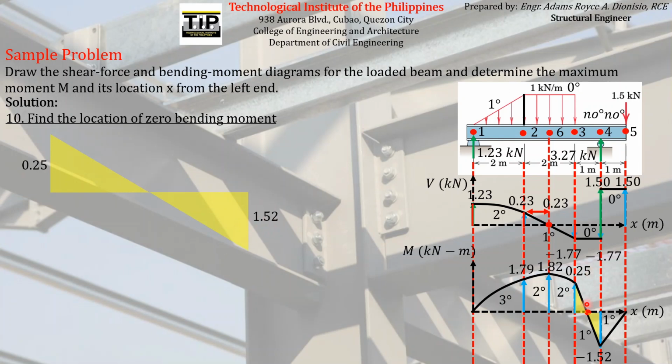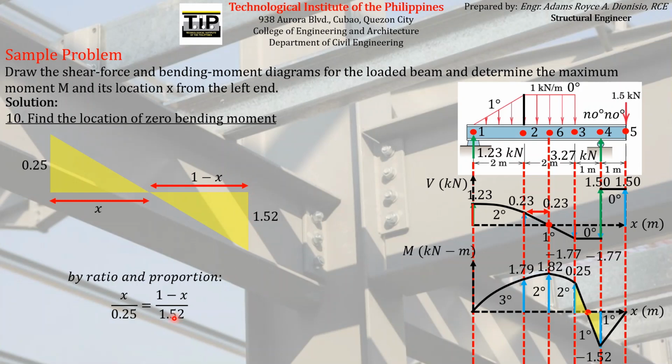If we let this distance be, say for example, x, and if this whole distance is equivalent to 1 meter, therefore this distance is just equal to 1 meter minus x. By ratio and proportion, this side over this side must be equal to the ratio of this side over this side.